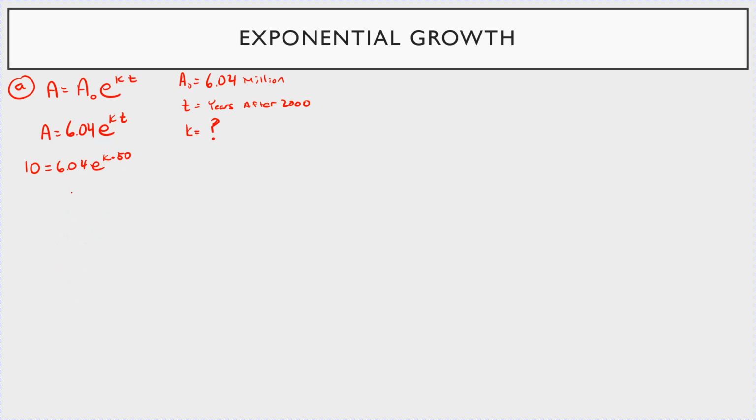Now I just need to solve this. First I need to get the e by itself if I want to solve for k, so I'm going to divide by the 6.04. Then how do you get k by itself? You're going to take the natural log of each side.